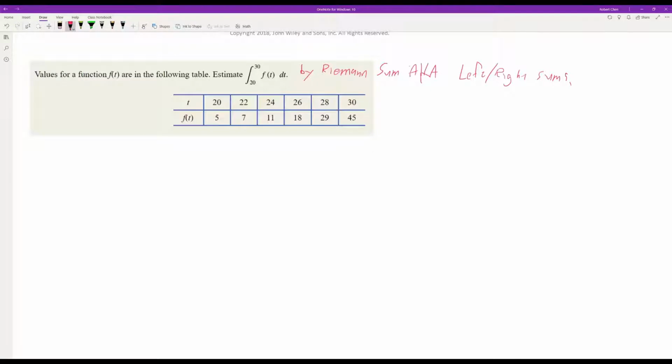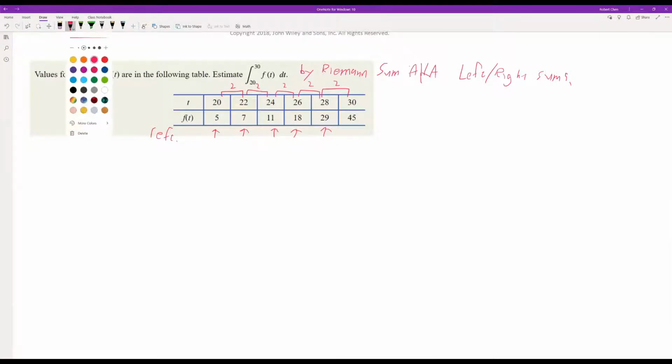Let's try to understand this table. We have delta t, which is 2, the distance between each interval. For the left-hand sum, we will be using these values, the left value of each interval.